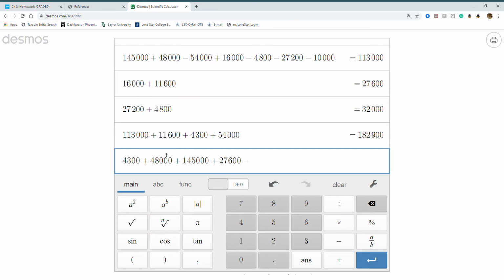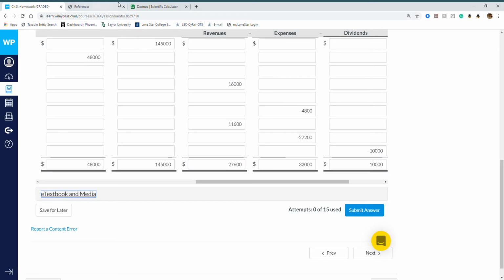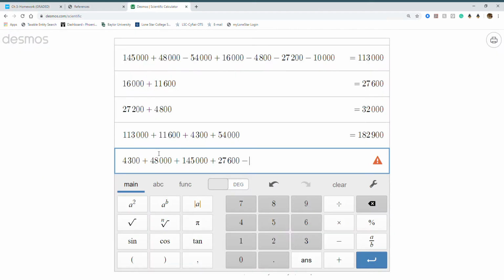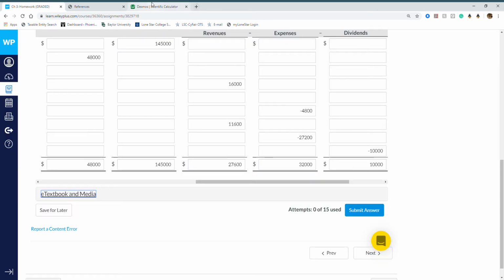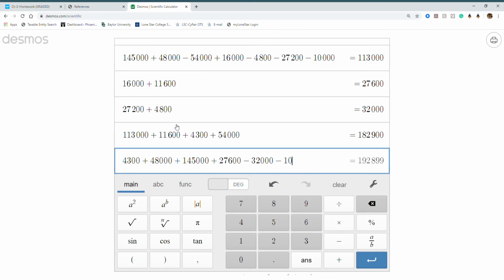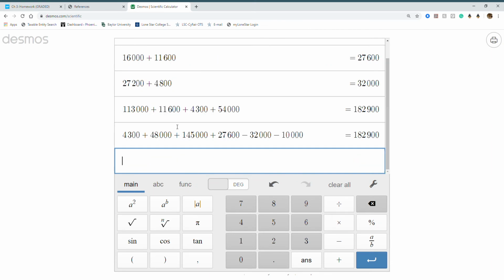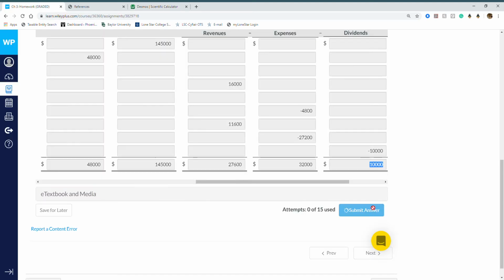Okay, minus now our expenses of 3,200, minus our dividend of 10,000. And yes, we are exactly right. We are good. We can go ahead and submit.